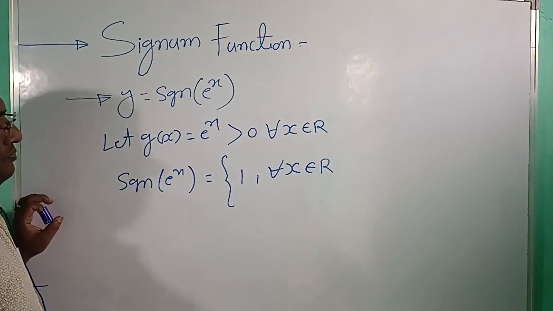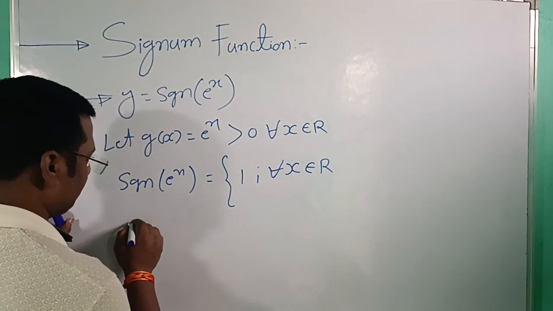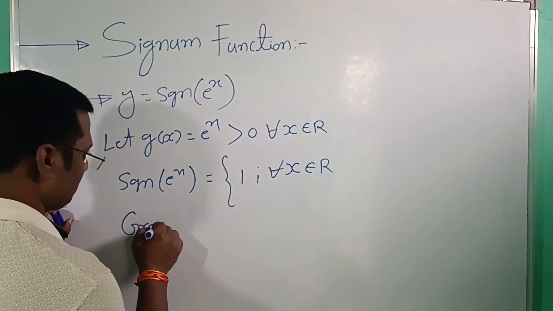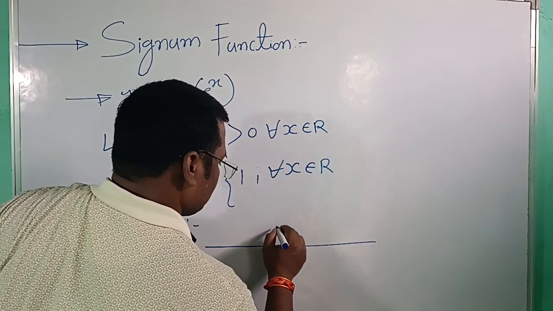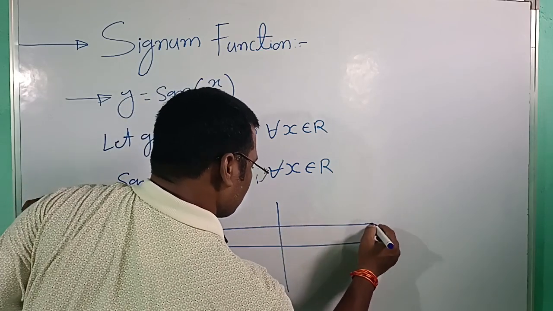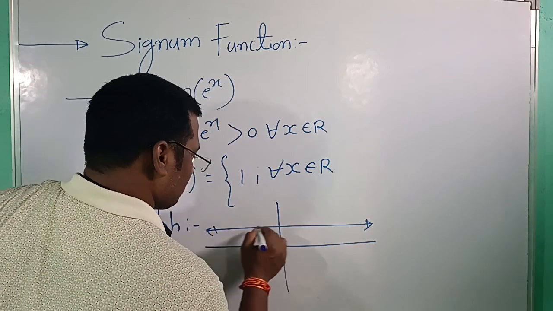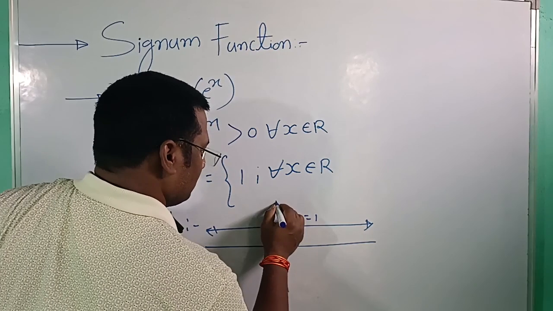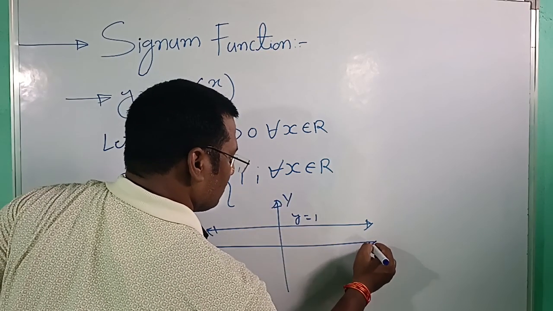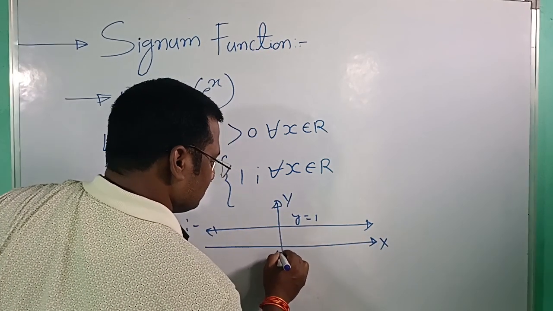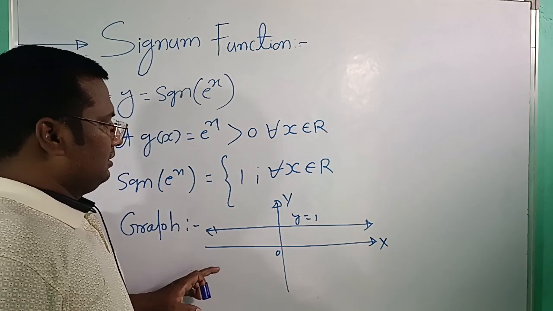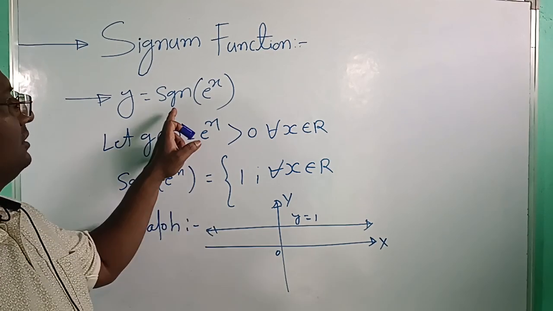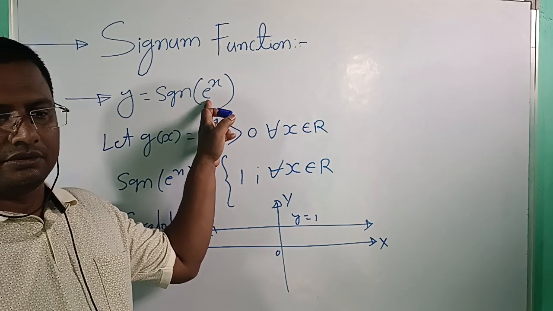So its graph will be y equal to 1, y, x, 0. This is the graph of signum e power x. Okay, write down.